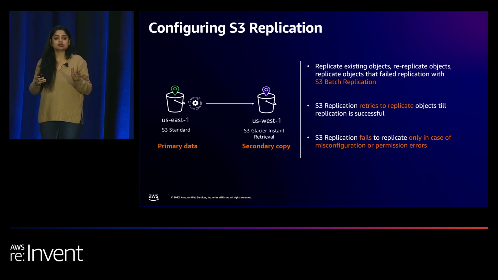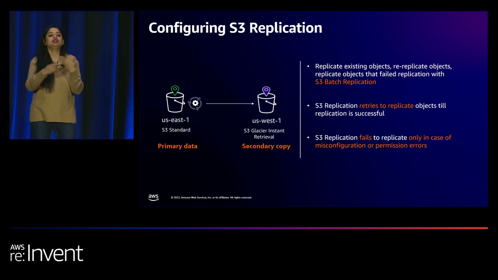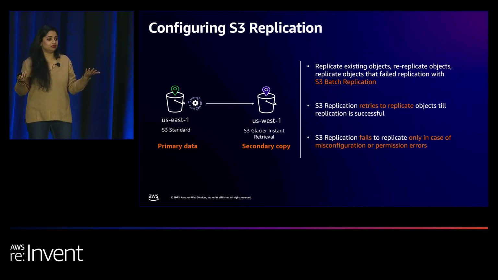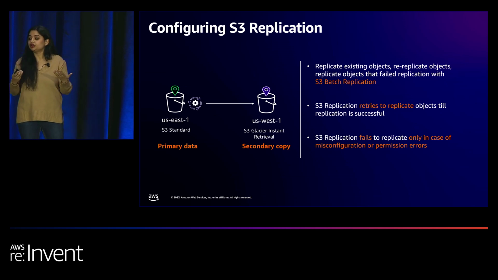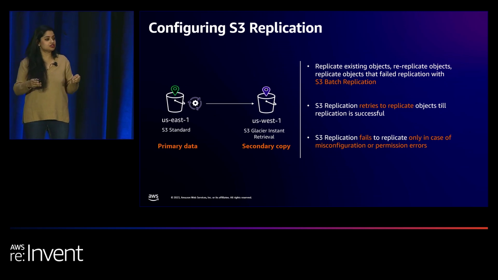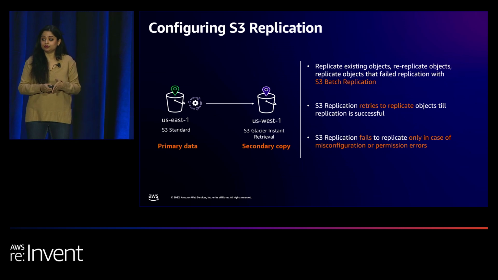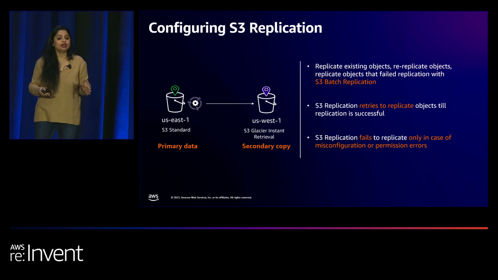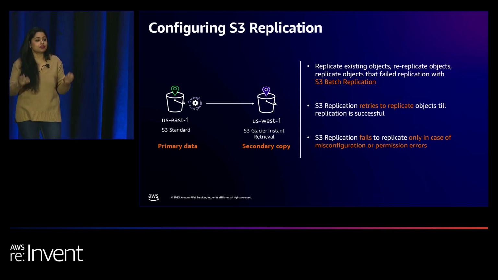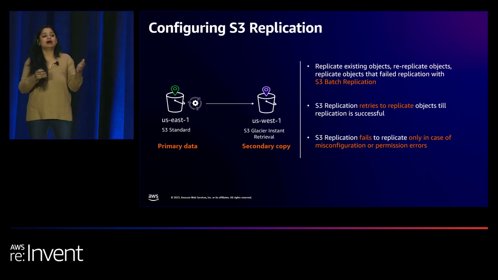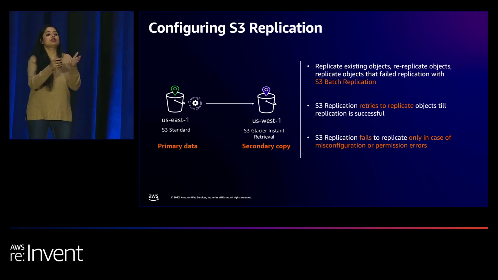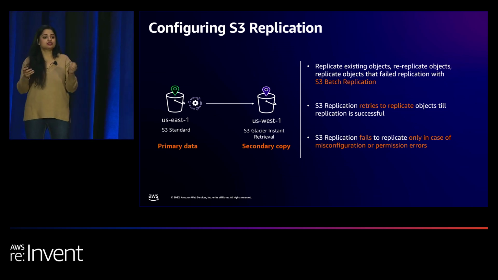In that case, S3 trying to re-replicate objects will not be helpful, because here you will have to go back and update your configuration to fix these errors for replication to be successful. This is why S3 replication will fail to replicate objects in this case, and you can go back and fix these errors and re-replicate the failed objects using S3 batch replication.